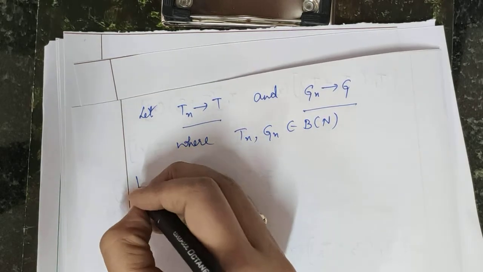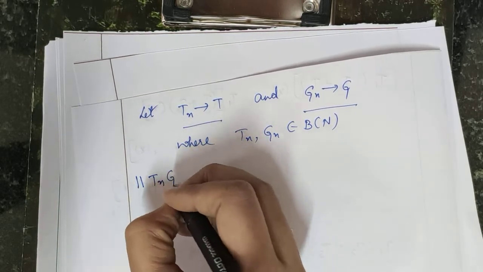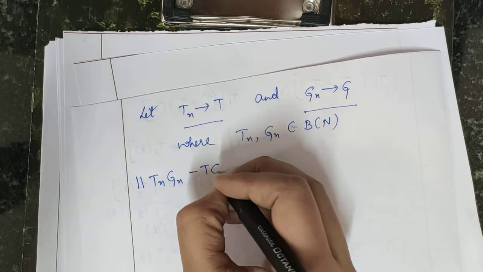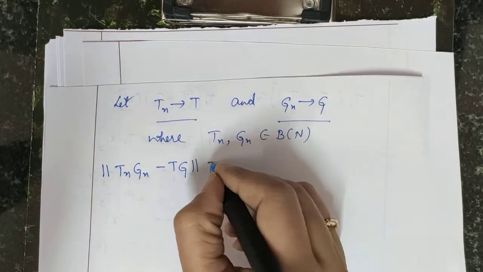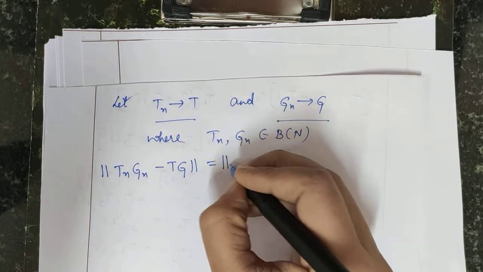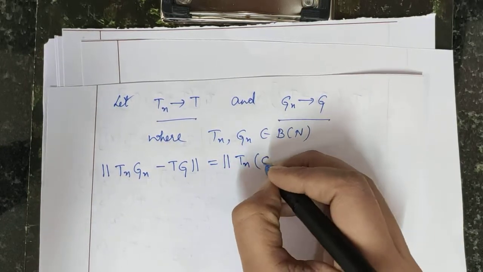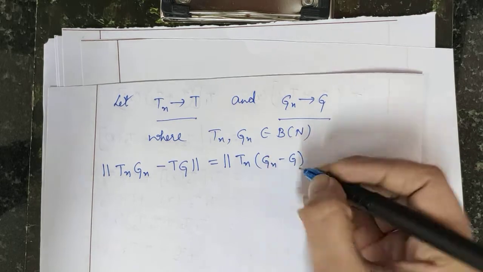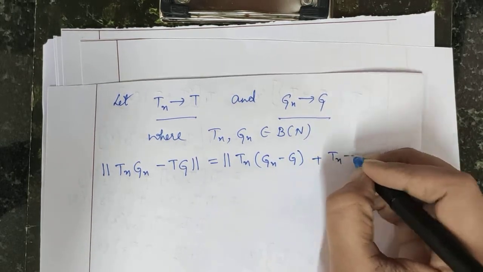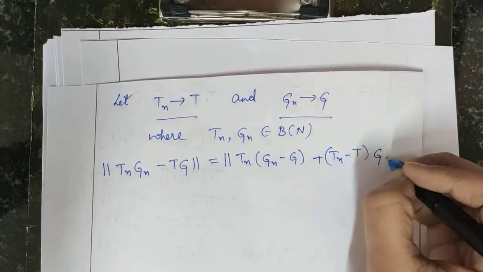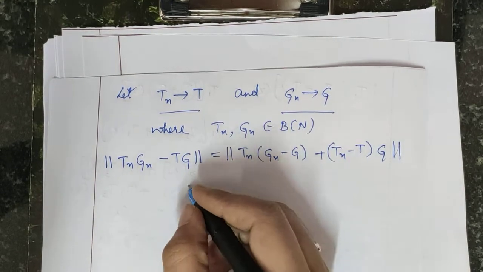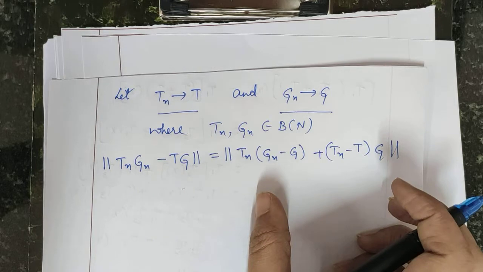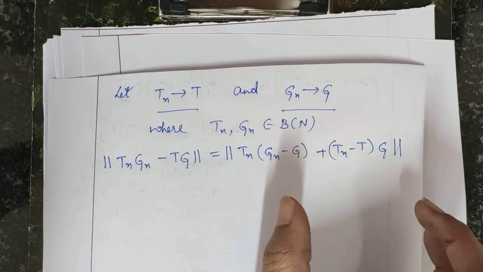So now I will consider norm TnGn minus TG. So this will be equal to Tn into Gn minus G plus Tn minus T into G. Before that, what I have done is I have just added and subtracted Tn into G to your RHS part.